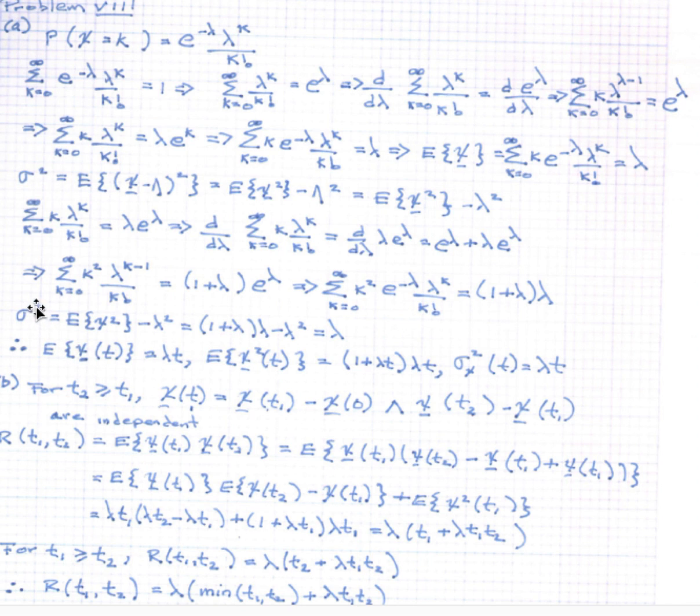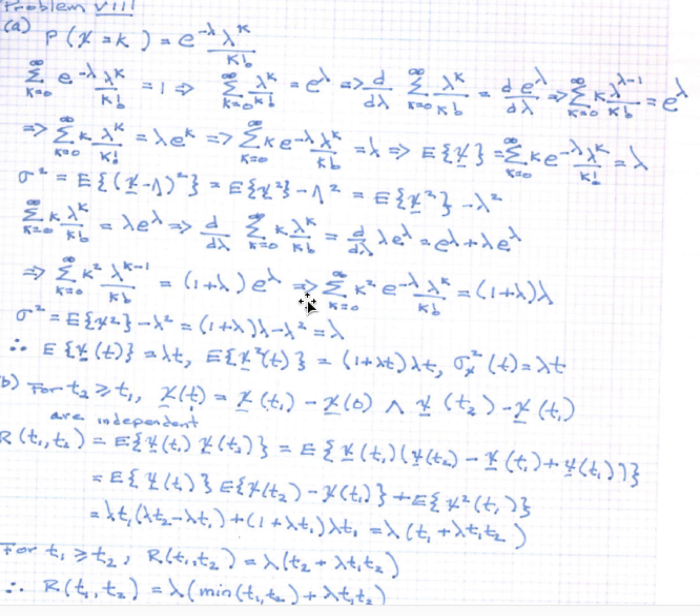That implies, however, that the summation from k equals 0 to infinity of k squared lambda to the k minus 1 over k factorial, which is basically taking the derivative again, equals the quantity 1 plus lambda times e to the lambda.